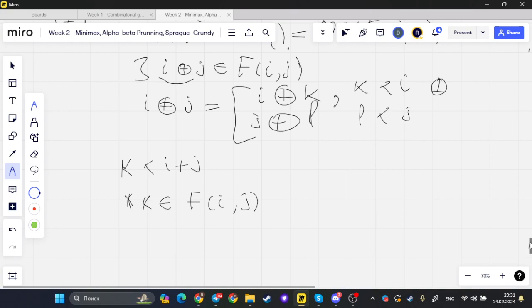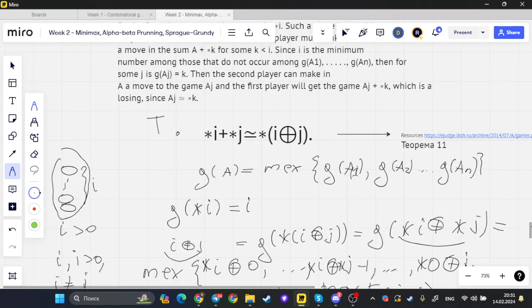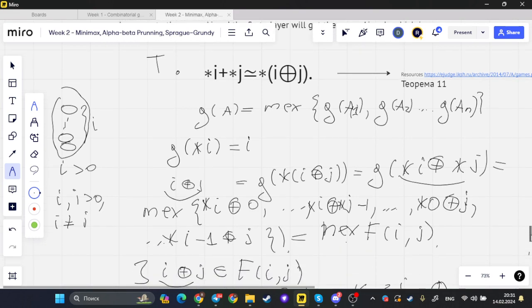We suppose that we have already proved the fact. Okay, mathematical induction base: if we have two games, it equals null plus null. Okay, this fact is correct.